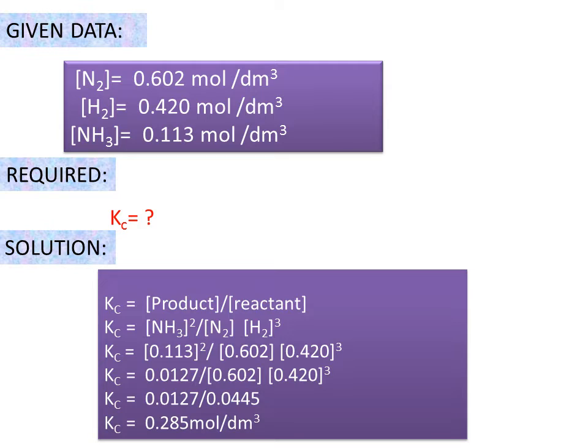So if we divide 0.0127 by 0.0445, we will get 0.285 mole per decimeter cube. So this is the equilibrium constant for this reaction.